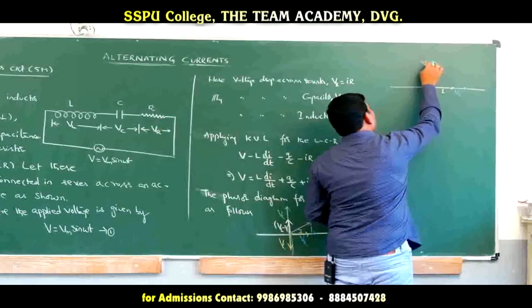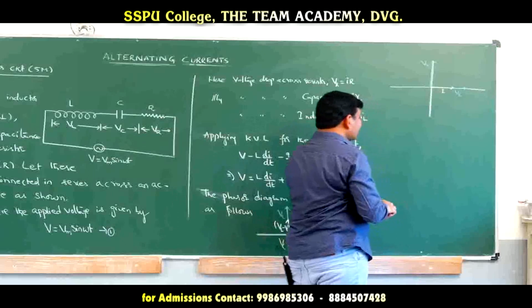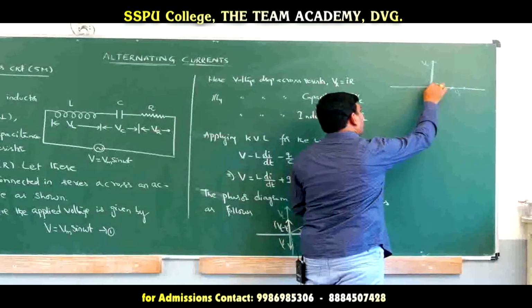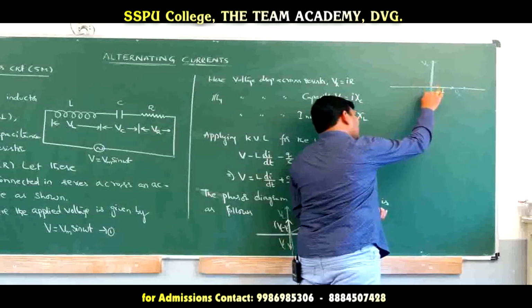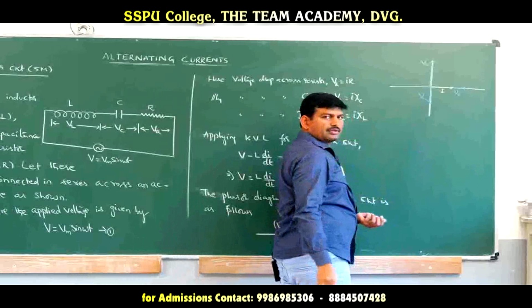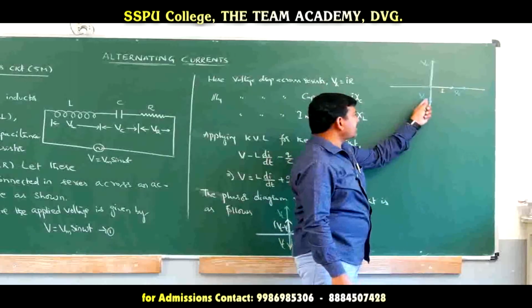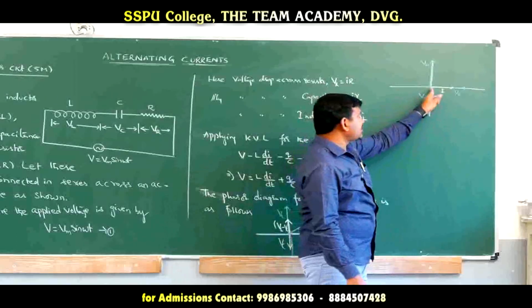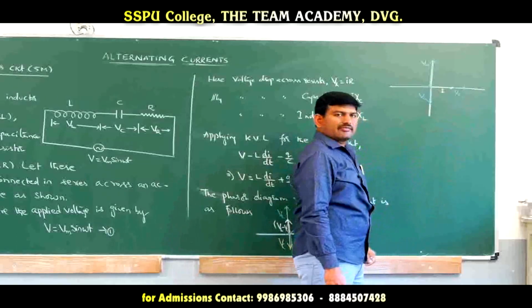This is VL. And across the capacitor, current is leading voltage. This is VC. So current is leading voltage across the capacitor. Across the inductor, voltage is leading current. And across the resistor, current and voltage are in phase.